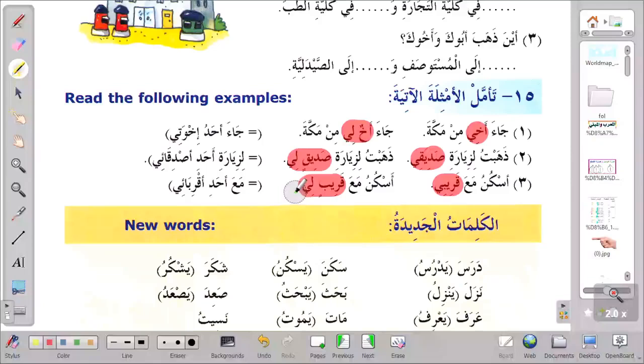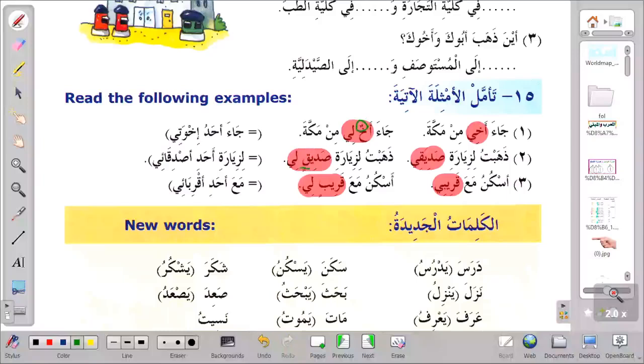Okay. So what's the difference? We just use them. But akhi means my friend. We are talking about someone specific. It is ma'rifah. But when you say akhun li, you can see on top of the akhun the tanween.